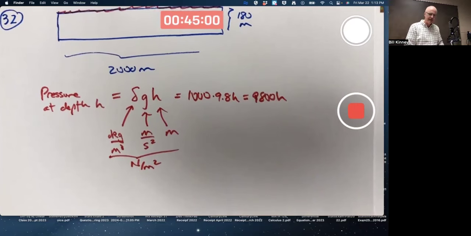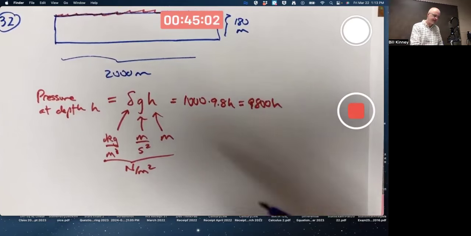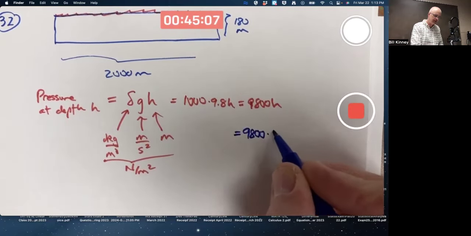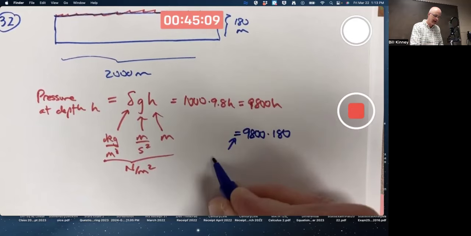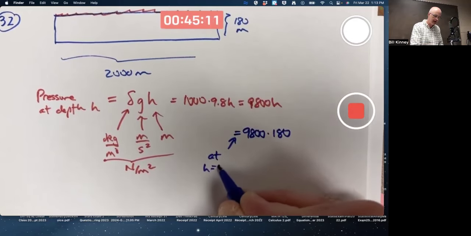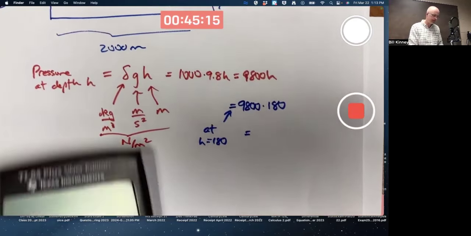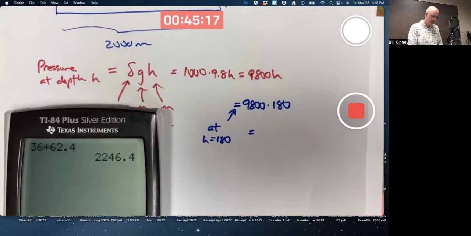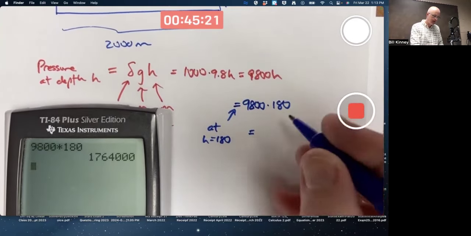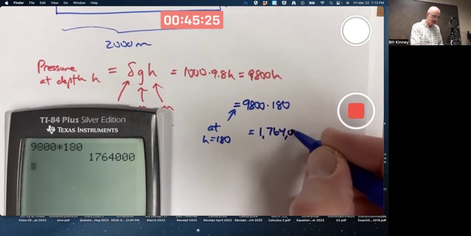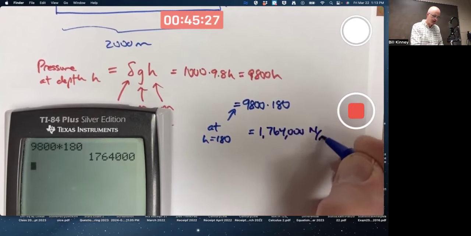And if you are at a depth of 180 meters, replace H with 180. At H equals 180, you're going to get the pressure in newtons per square meter. 9,800 times 180 is 1,764,000 newtons per square meter.